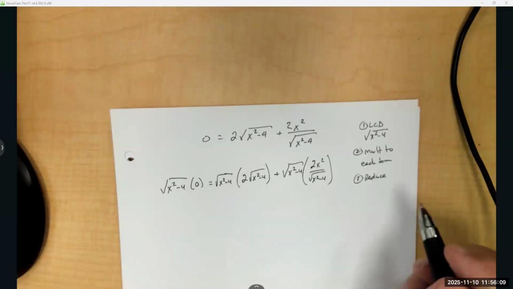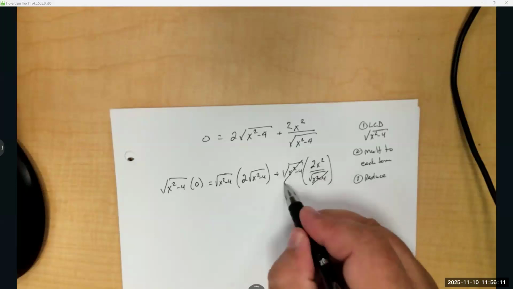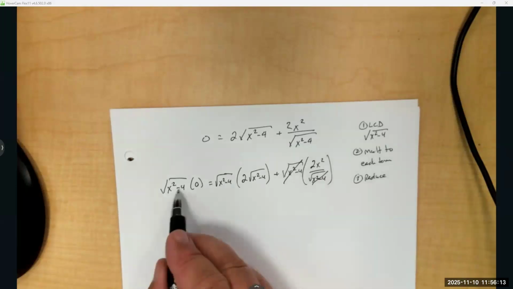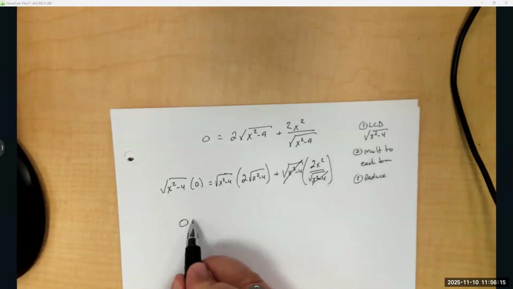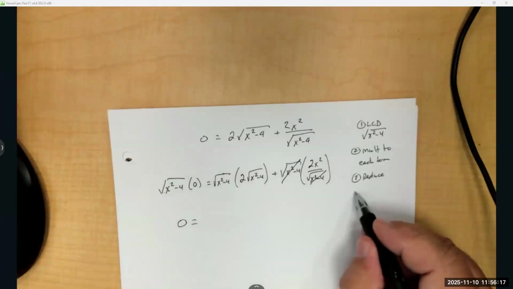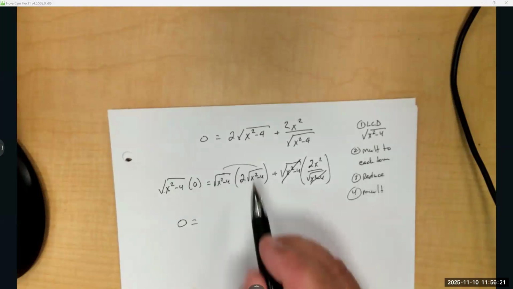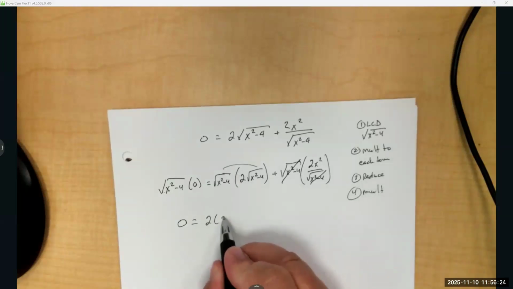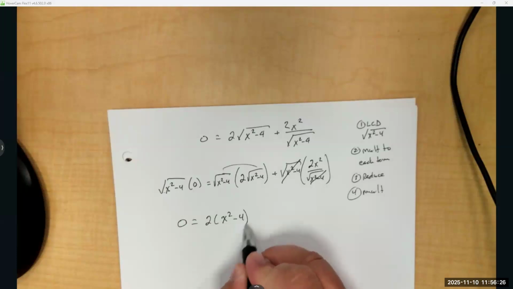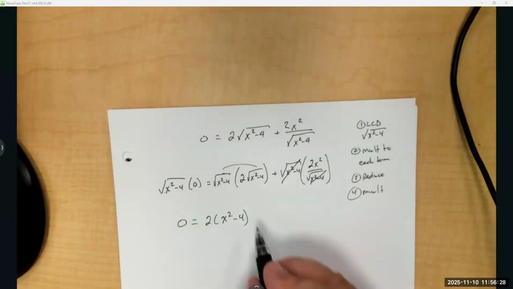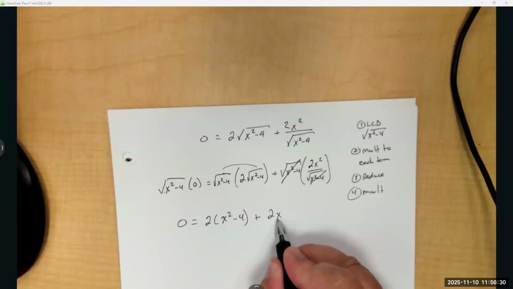This is where you get rid of the fractions. Anything times 0 is 0. Now we multiply. Get rid of the parentheses. Radical times radical is x squared minus 4 plus 2x squared.